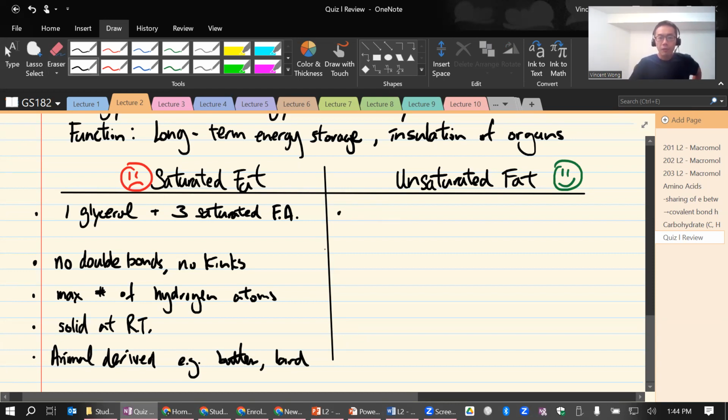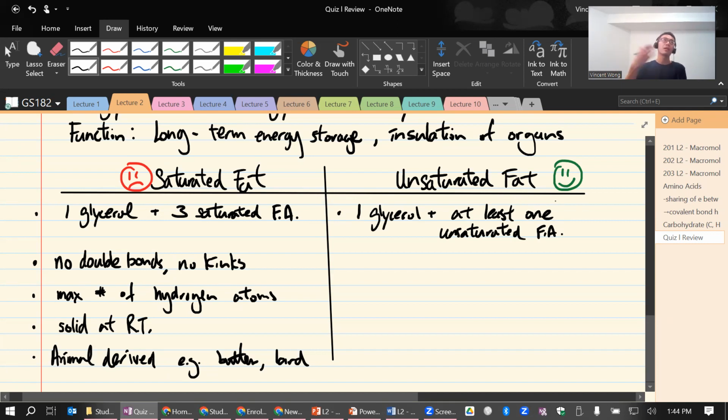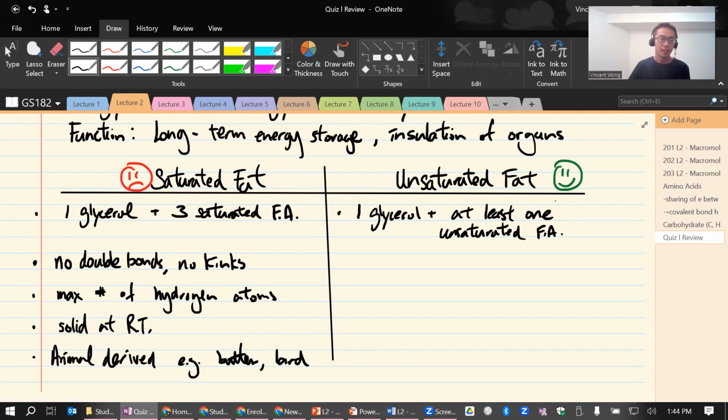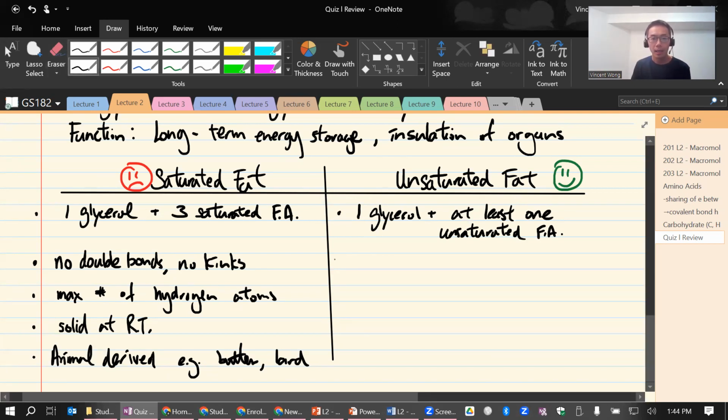On the other hand, for unsaturated fat, it is 1 glycerol plus at least 1 unsaturated fatty acid. Okay, you can have 2 unsaturated fatty acids, you can have 3. The more you have, the healthier it is, right? It is called polyunsaturated fat.